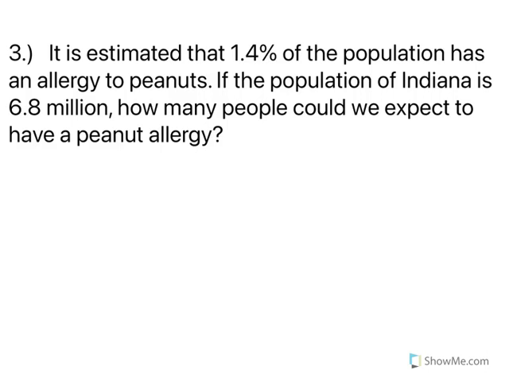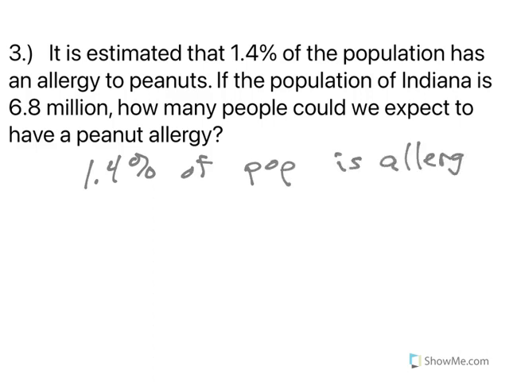Number 3, it is estimated that 1.4% of the population has an allergy to peanuts. If the population of Indiana is 6.8 million, how many people could we expect to have a peanut allergy? Okay, so 1.4% of the population is allergic. That's what it says.